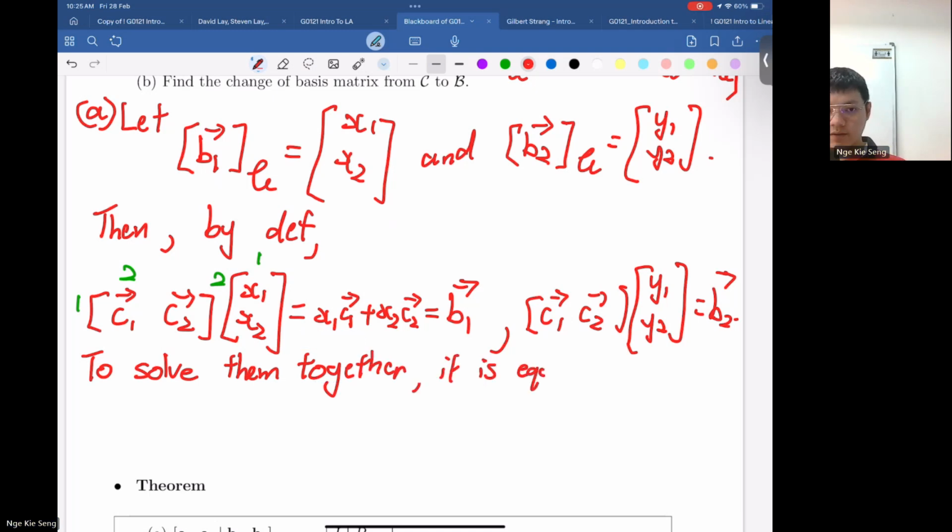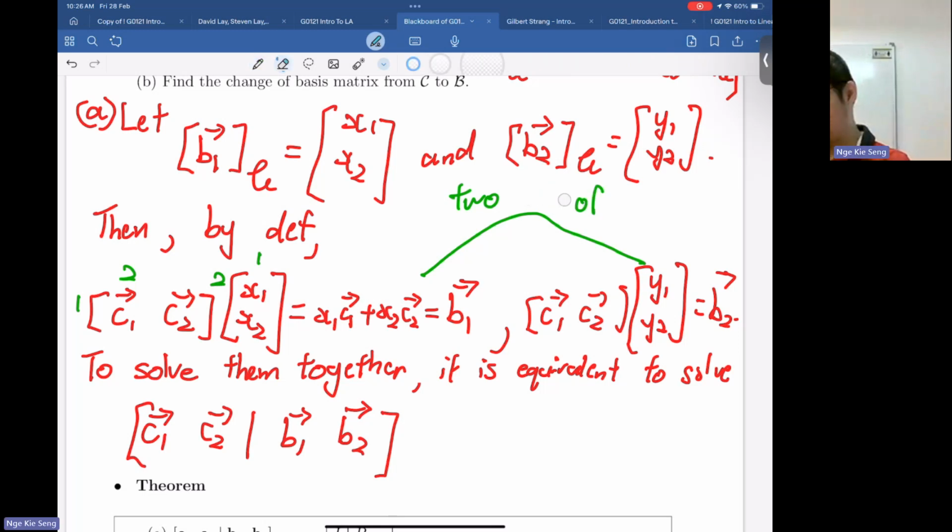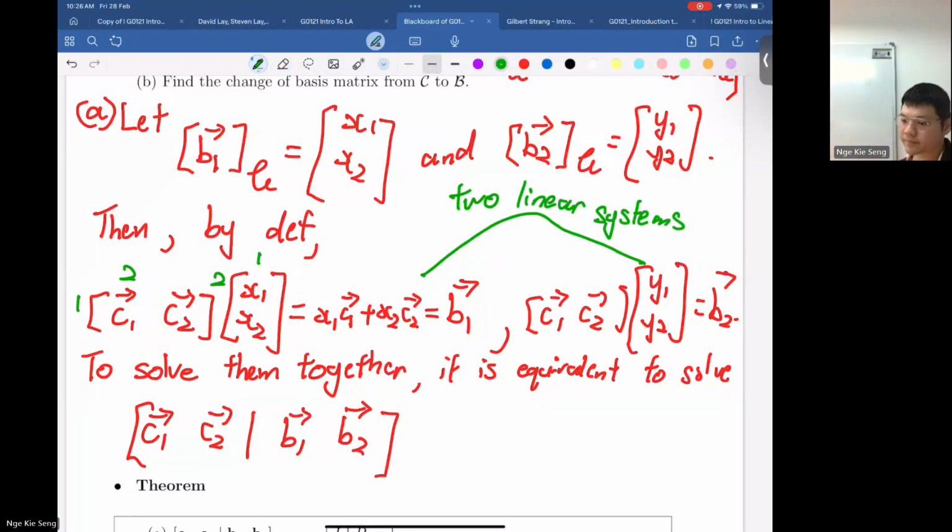It is equivalent to the matrix [C1 C2] augmented by B1 and B2. Here we have two linear systems.